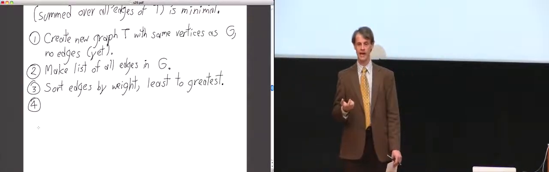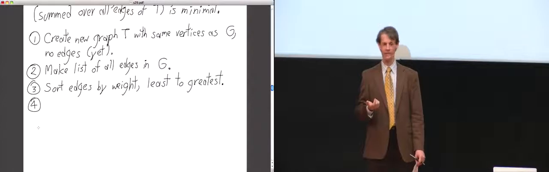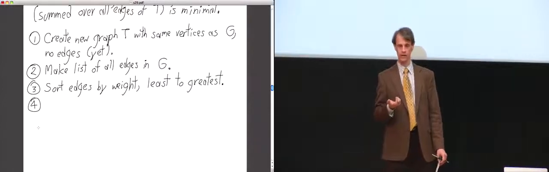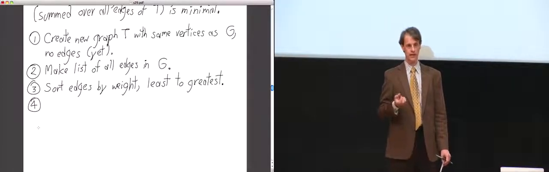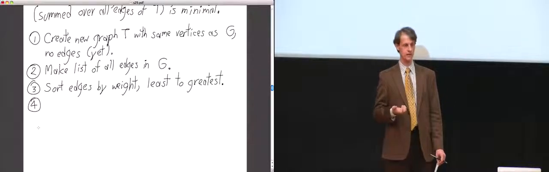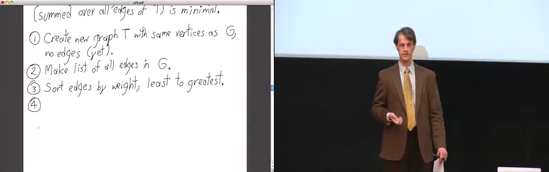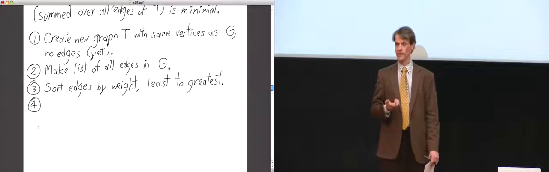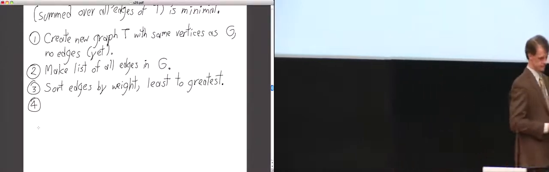And for each edge, we're going to ask, do I want to add this edge to my minimum spanning tree? And the answer is yes, if it will still be a tree or a forest. No, if it will create a loop or a cycle.